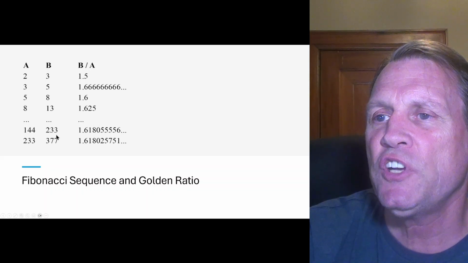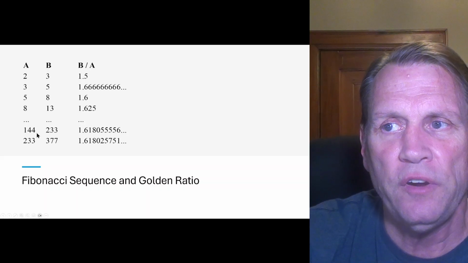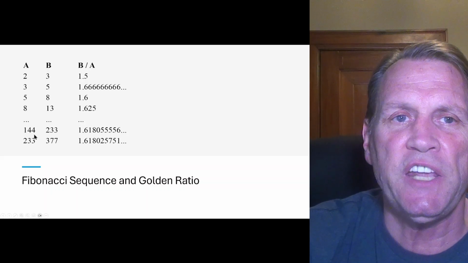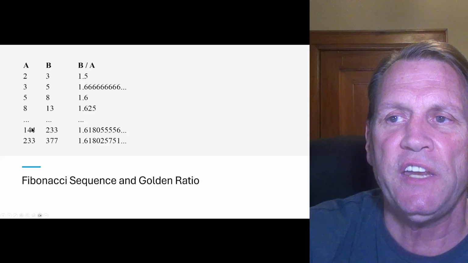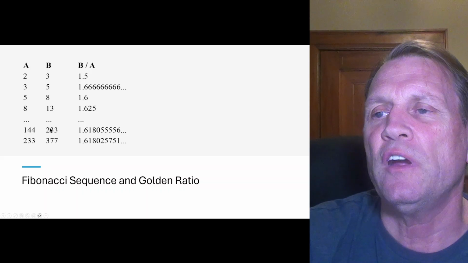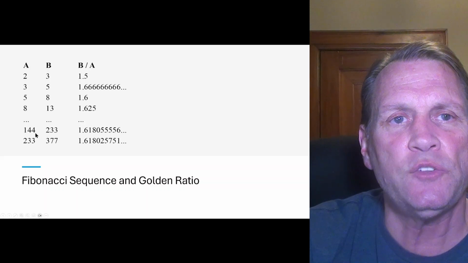And then we jump ahead and look at this ratio. There are 2 Fibonacci numbers, 144, and if you add 89, which precedes 144, to 144, it equals 233. Look at the ratio of 233 to 144. Again, these are Fibonacci numbers right next to each other.